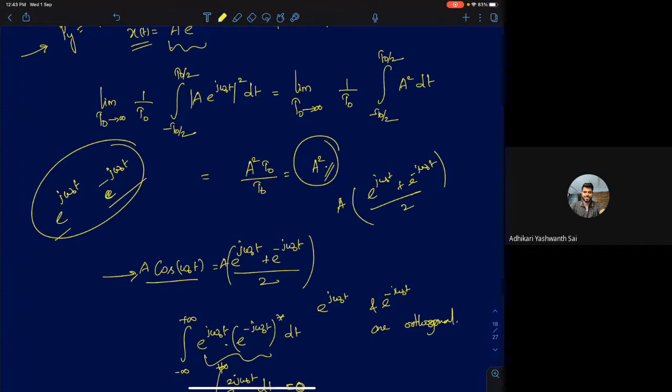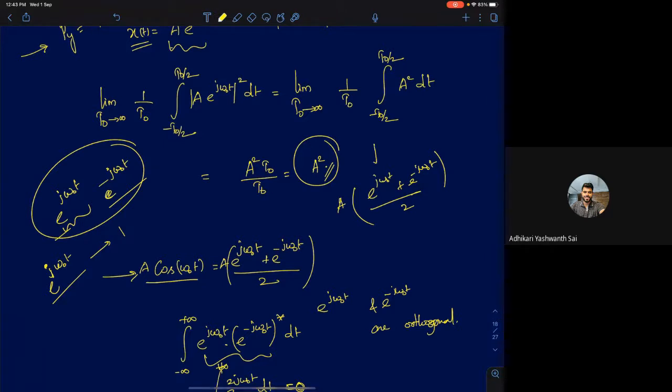The moment you know these both are orthogonal, you know what the power of a signal e power j omega naught t is. What is the power of a signal e power j omega naught t? It is just 1. If that is 1, how will you calculate the power?